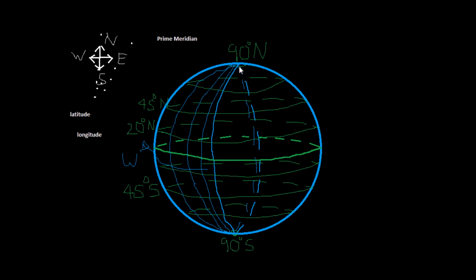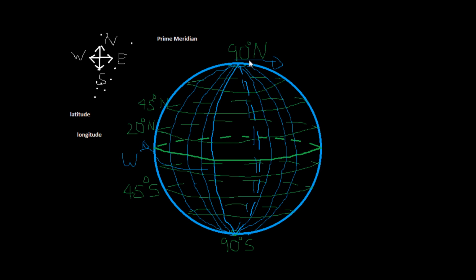On the other side, if a point on the Earth is located on the other side of the prime meridian, it is located at longitude east. So all the points located on this side of the prime meridian are going to be in degrees east. And there are 180 degrees east from the prime meridian, again all the way to the international date line on the other side.